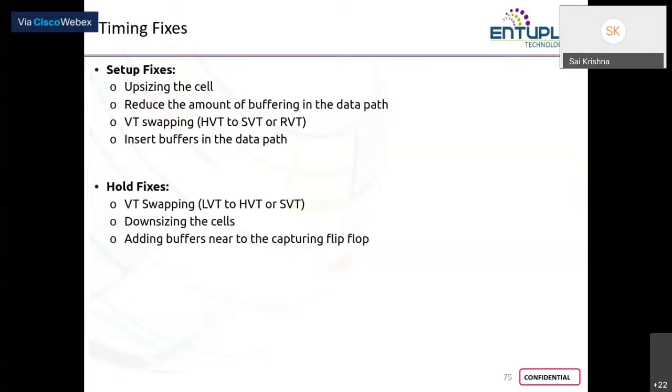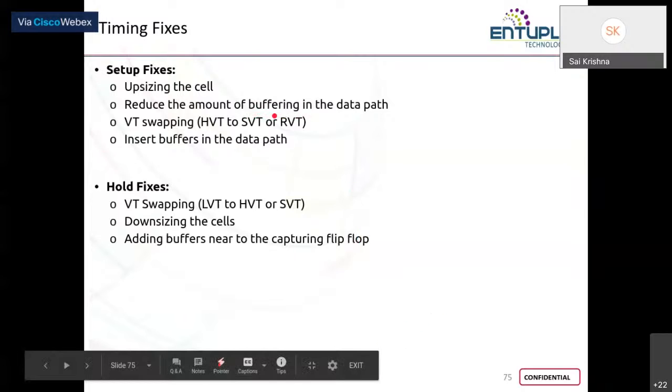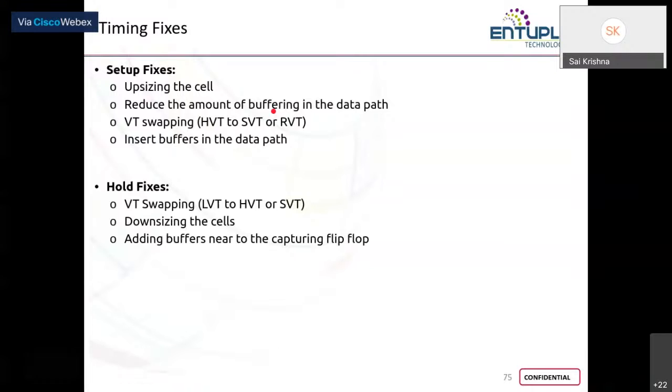That means you have to push your data faster, so you need larger cells. That's why you upsize the cell to fix your setup. Or you add buffers. I mean, you add a buffer of considerable driving strength. You do not add smaller buffers again and again, because that will increase the propagation delay. If smaller buffers were added repeatedly, you remove them and add one single buffer.